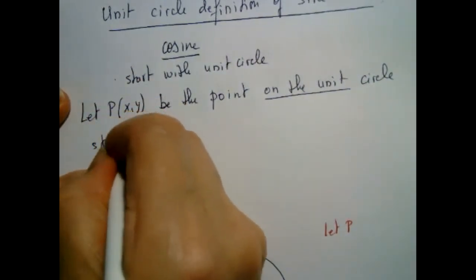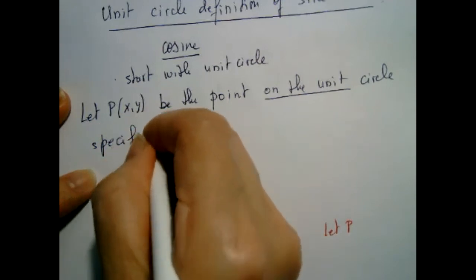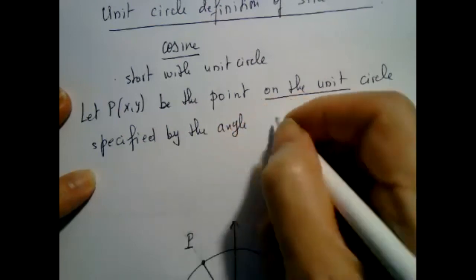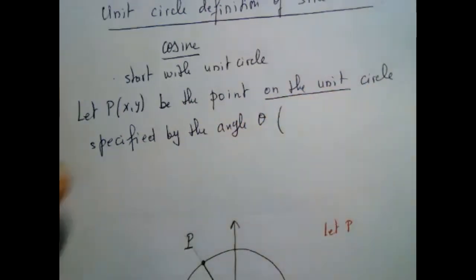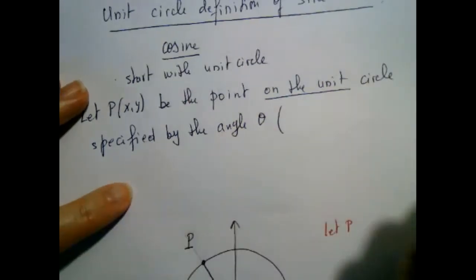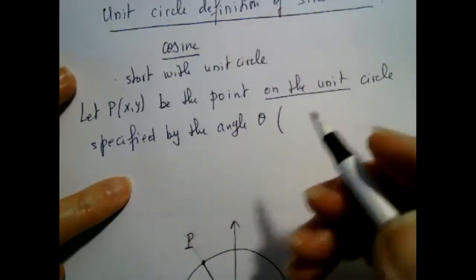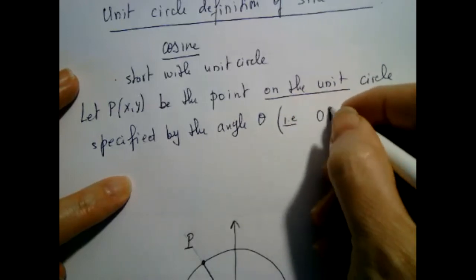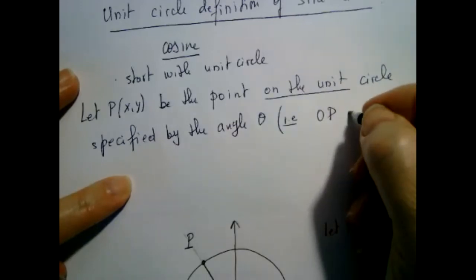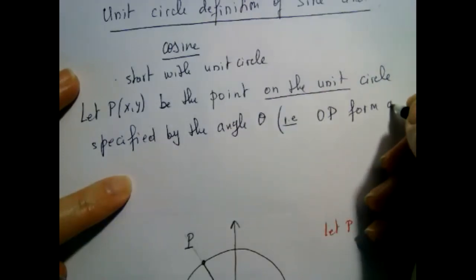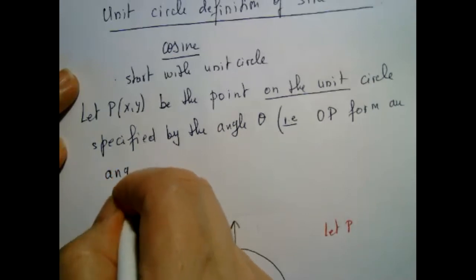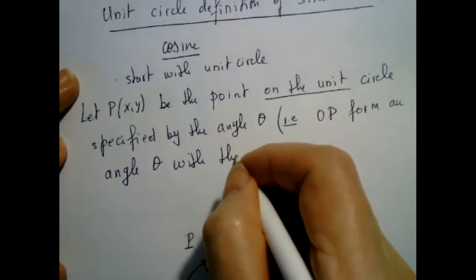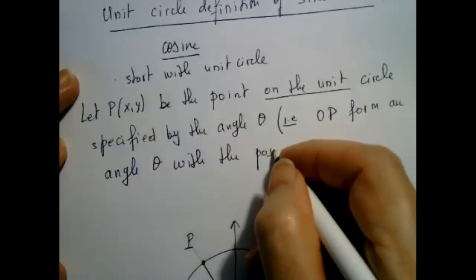And I will explain what I mean by that. What does it mean that this is specified by the angle theta? Because the book uses this language, I have to use it. Specified by the angle theta means that OP, where O is the origin of your circle, forms an angle theta with the positive x-axis.